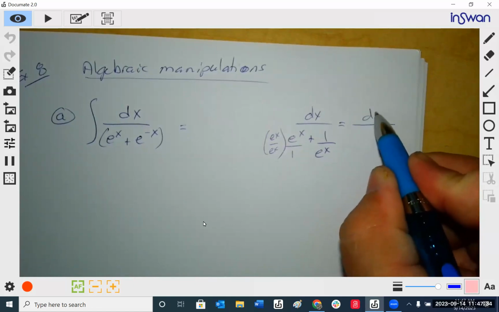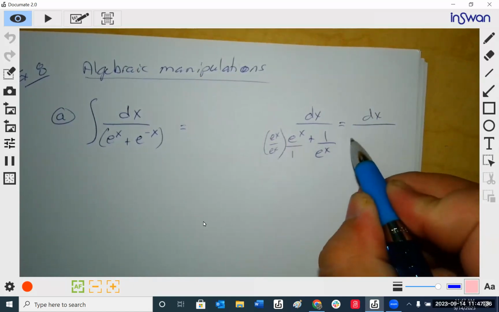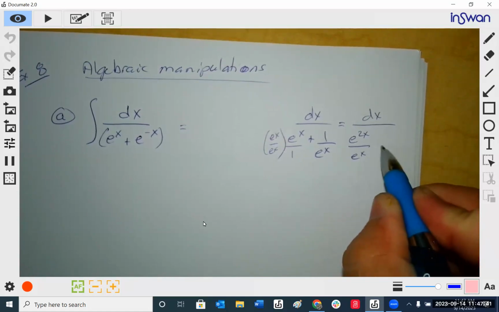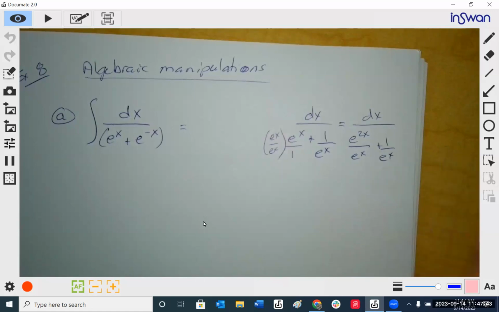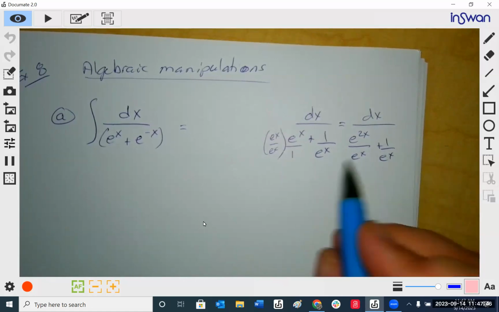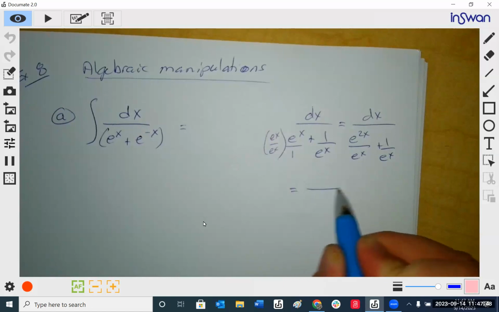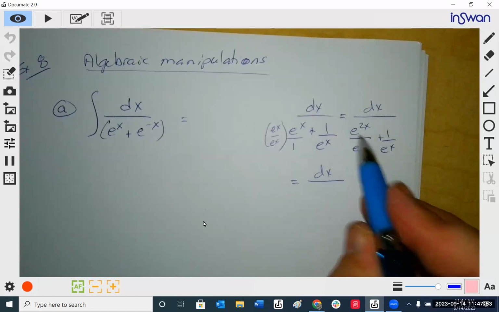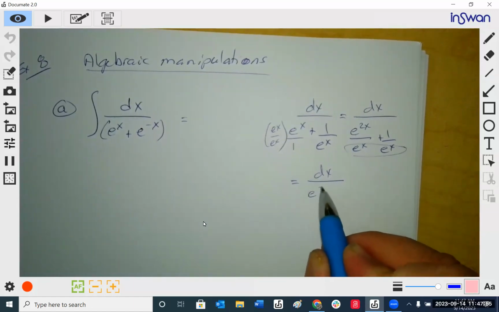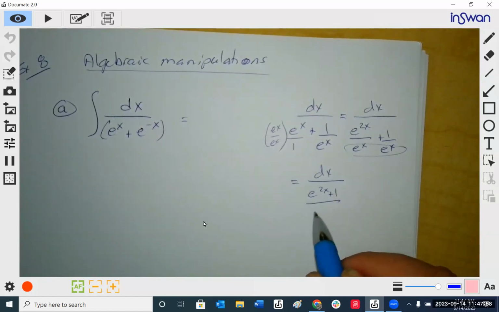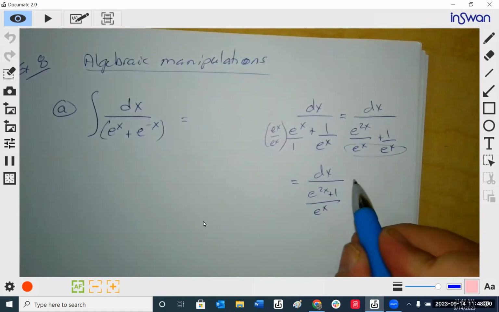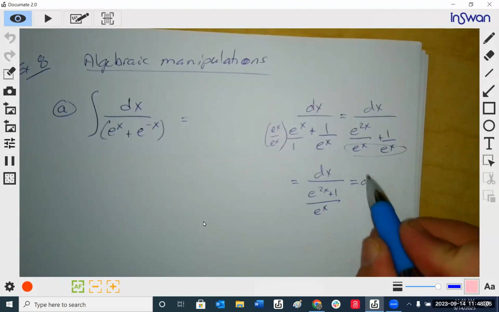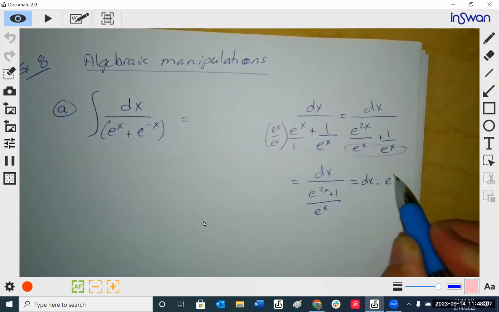So we have dx. This is e to the 2x over e^x plus 1 over e^x. Since we have a common denominator, we have e to the 2x plus 1 over e to the x. Leave the top alone, flip the bottom.